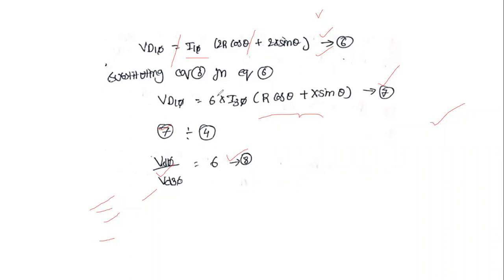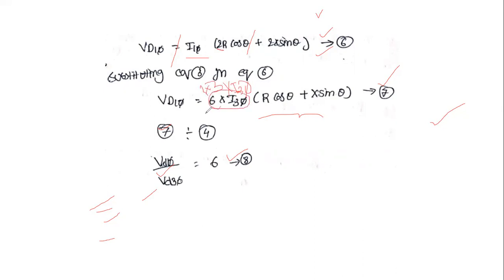I single phase is replaced with 3 into I three phase. Therefore, taking the common 2, 3 into 2, three 2s are 6, so 6 I three phase.